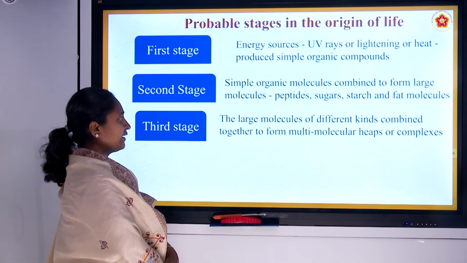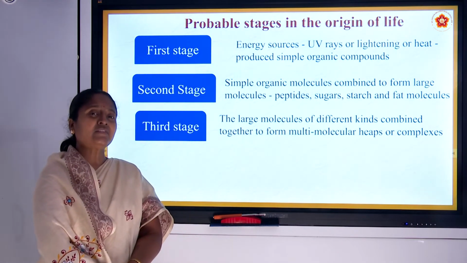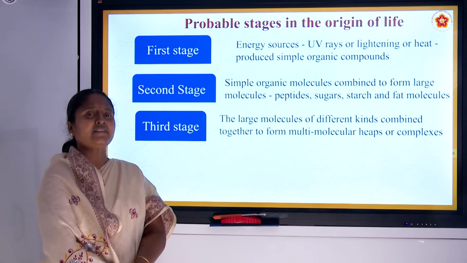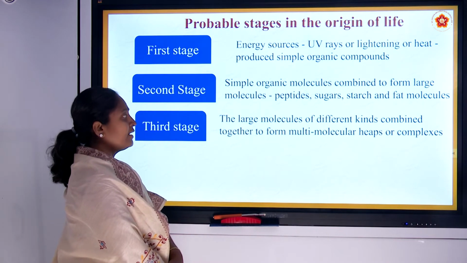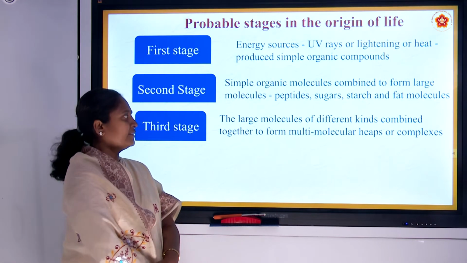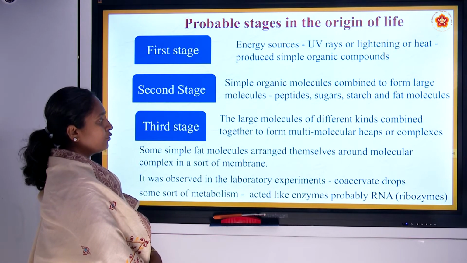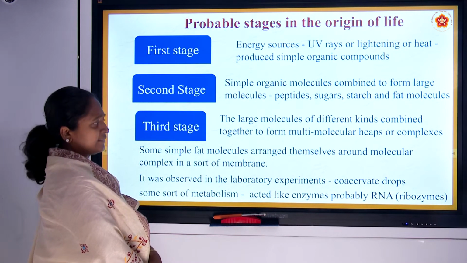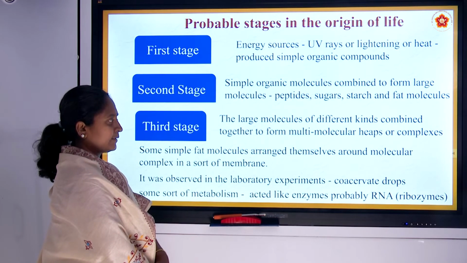In the third stage, the larger molecules interacted with each other and combined in various combinations, and because of the combination they formed multimolecular heaps or complexes. These multimolecular heaps are known as coacervates.